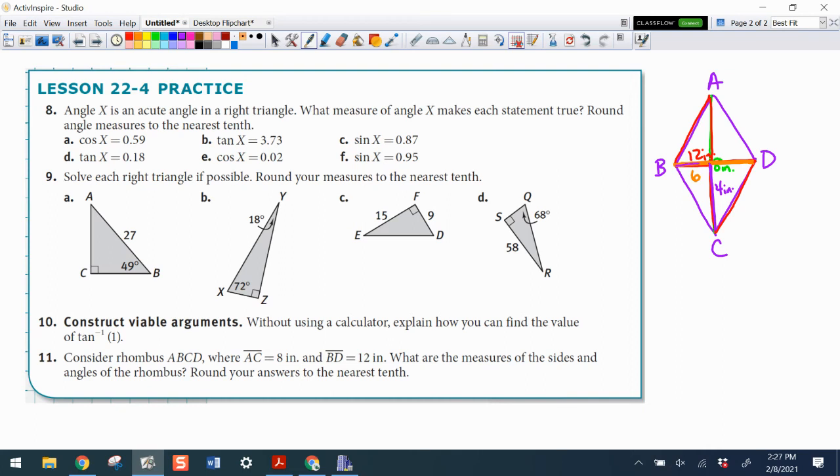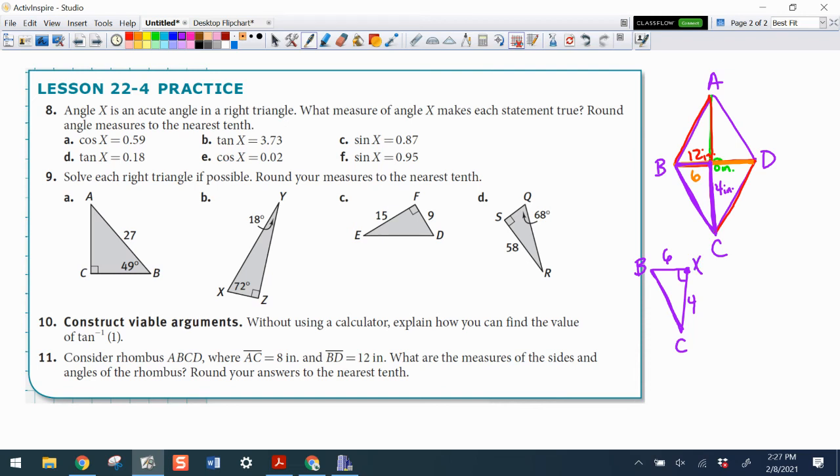Now we are going to find the measures of this right triangle and then apply that to the rhombus. I'm going to pull out that right triangle so we can view it better. We know the length of this side is 6, the length of this side is 4, and we'll call this intersection point X, for the sake of clarity.